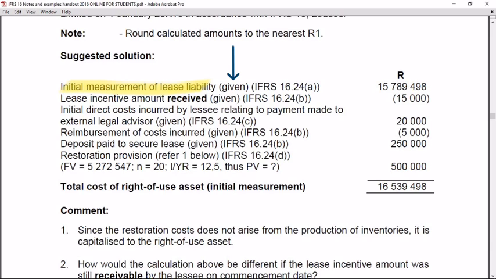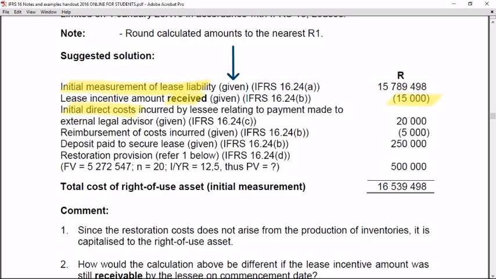What you should know at this point is that the measurement of the lease liability is the starting point of the calculation of the right of use asset's cost. There was a lease incentive amount received. Paragraph 24b from IFRS 16 says that is now deducted from the cost of the right of use asset.